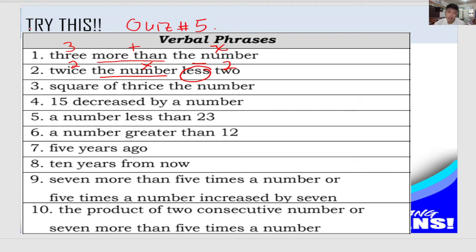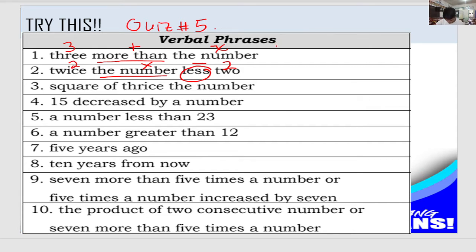But on the instruction that I gave last meeting, if it is an unknown or the number, we will use x. Less is minus 2. So, therefore, we are going to write it the less way. Twice the number x less 2. So that is now 2x minus 2.